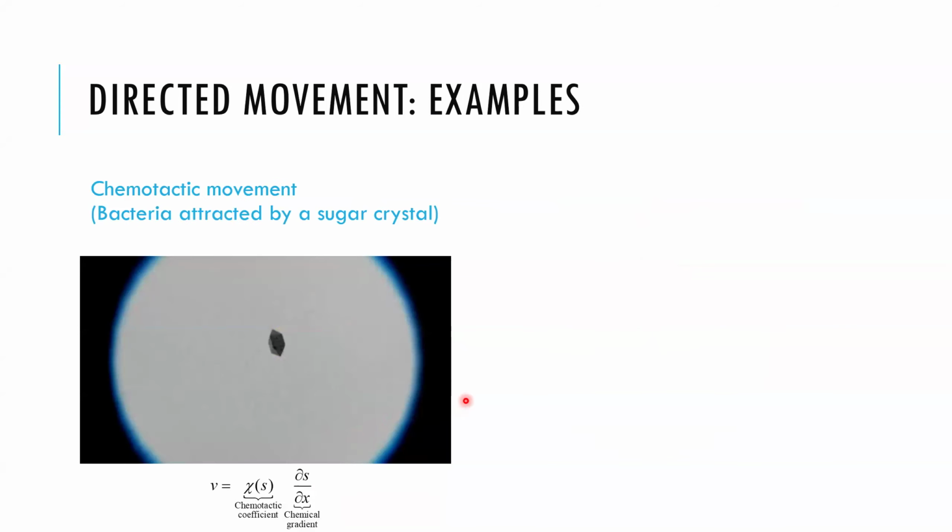Here is an example of directed movement from biology. In this case, bacteria, as we'll see in a second, is attracted by this sugar crystal.